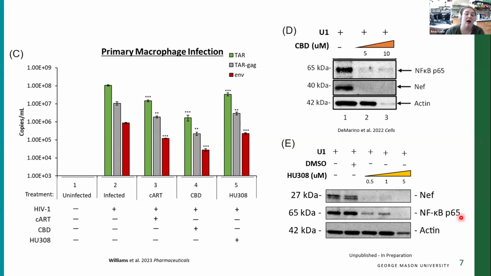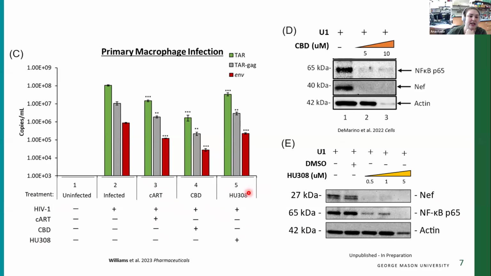Similarly, we saw a similar trend in our primary macrophage infection. Here we had PBMCs that were infected with a dual tropic 89.6 HIV virus. These virally infected cells were then treated with our CBD or HU308, and the treatment continued for 3 days.